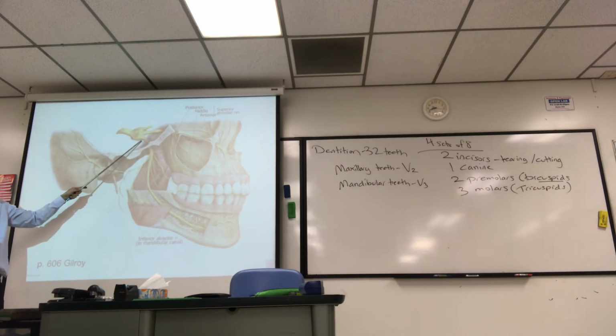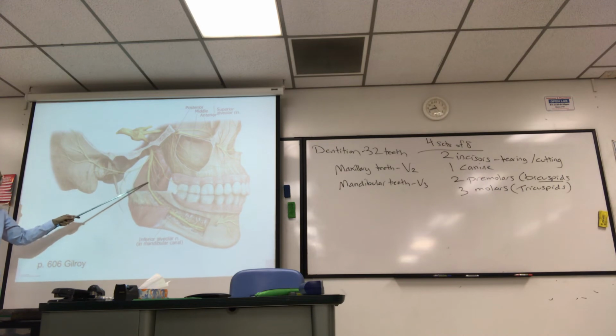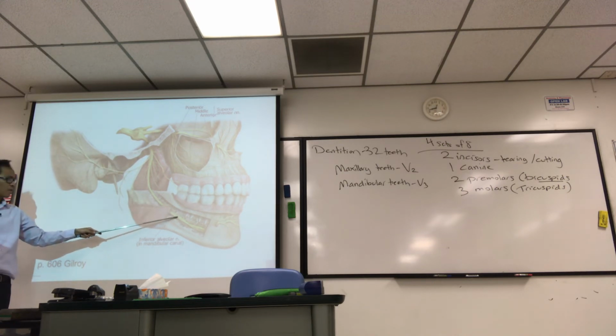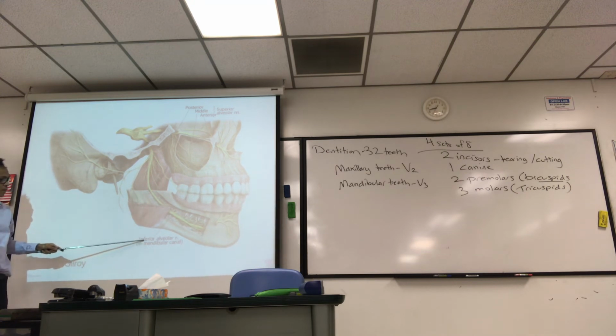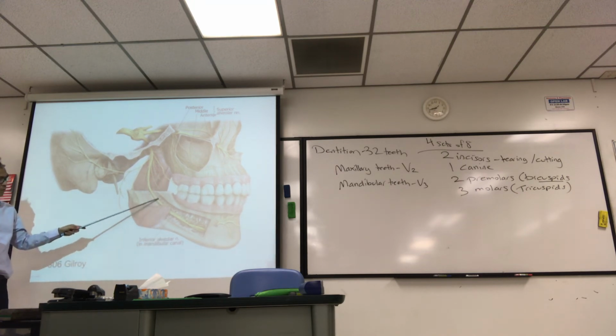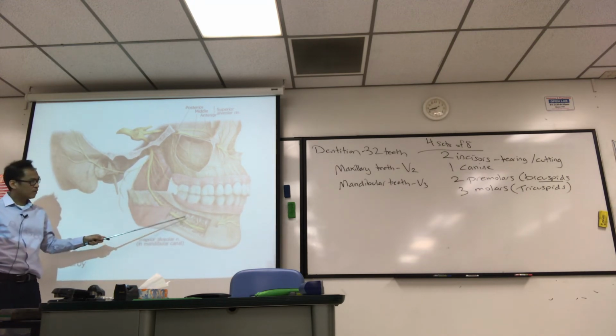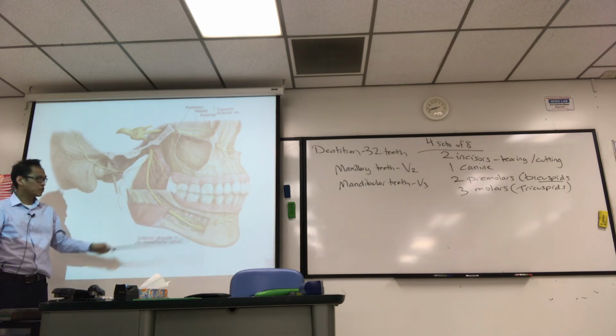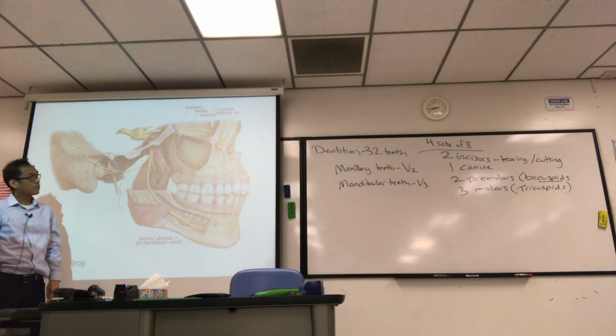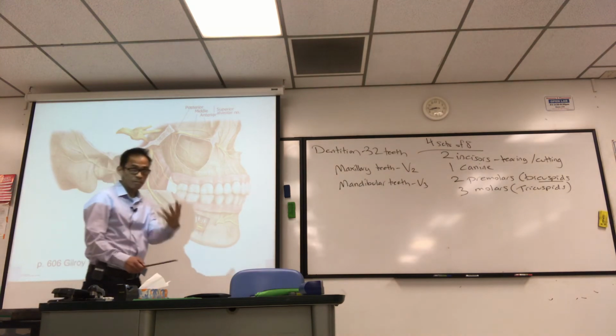But notice the V3: not only does it have branches that supply motor innervation to your muscles of mastication, a part of that nerve enters the mandibular foramen and runs through the mandibular canal. This nerve is called the inferior alveolar nerve. That's the nerve to write down, because branches of it will give innervation to your teeth in the lower jaw.